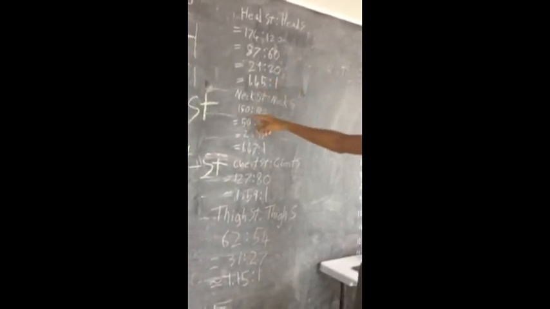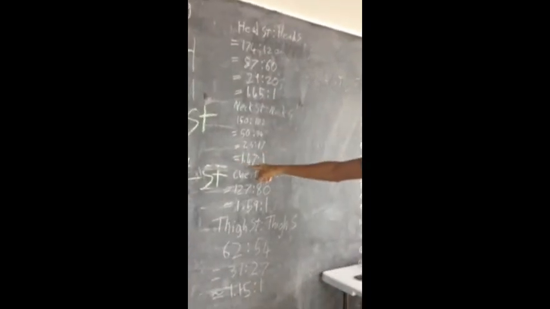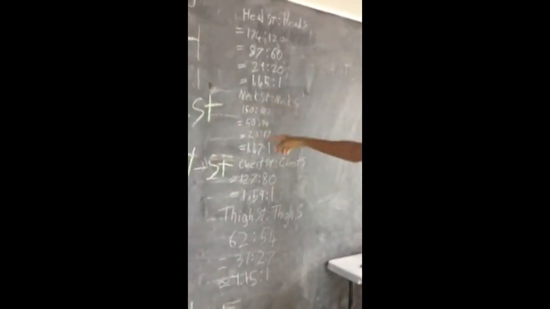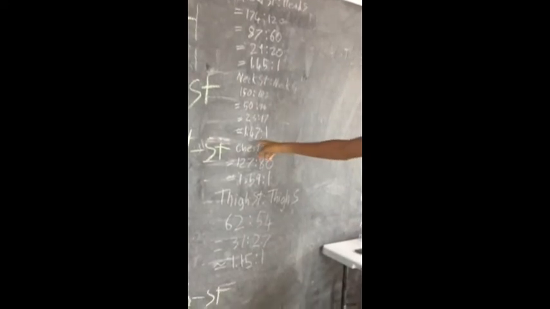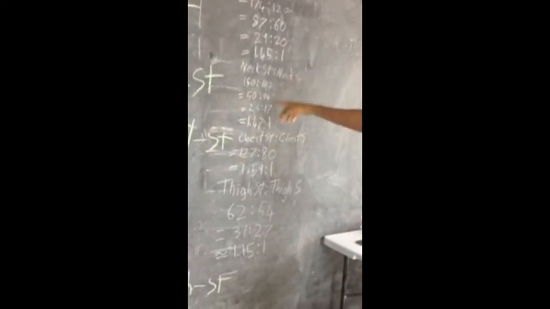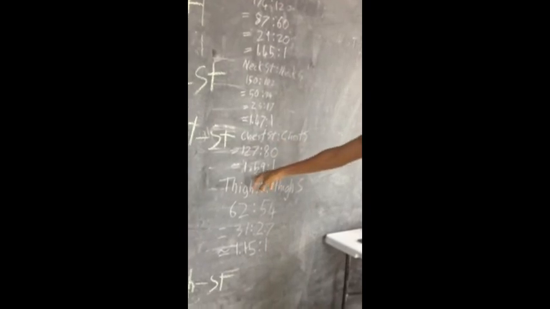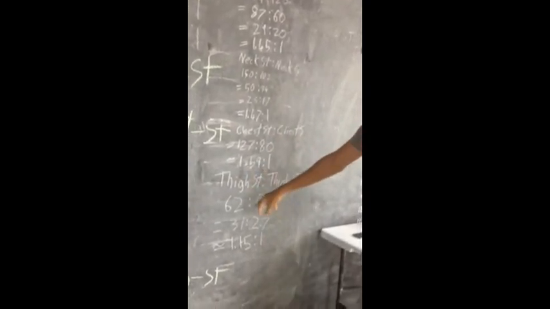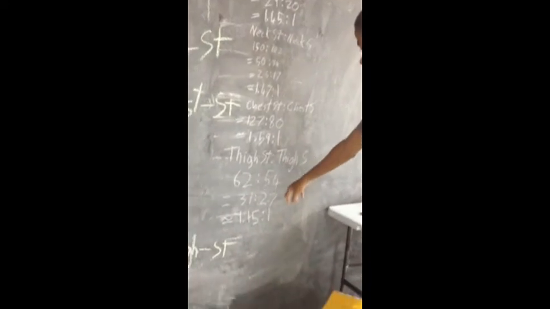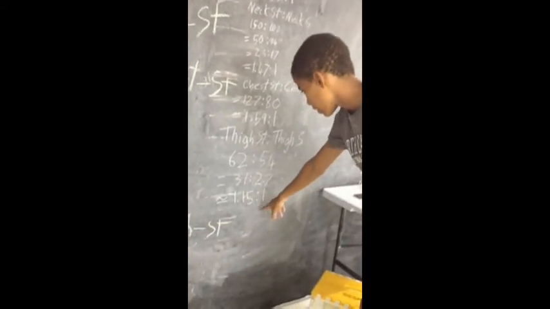I kind of expected this second result where I got 1.47, which is very close to 1.45. So I got 1.47 to 1 for neck standing to neck sitting. And for chest standing to chest sitting, I got 1.59 to 1. And from thigh standing to thigh sitting, I got 1.15 to 1.